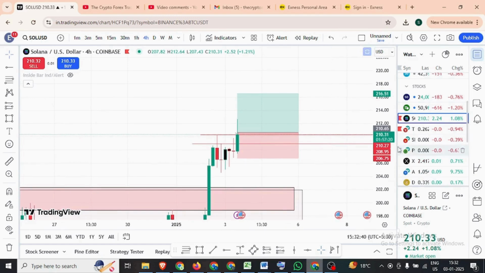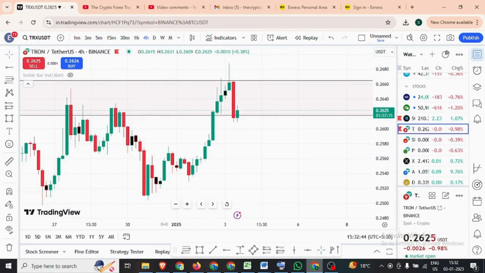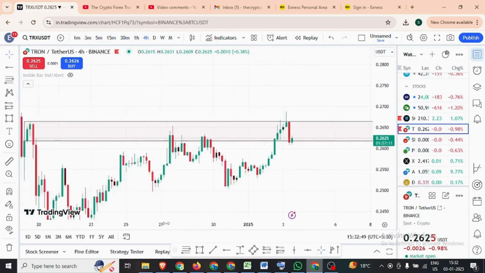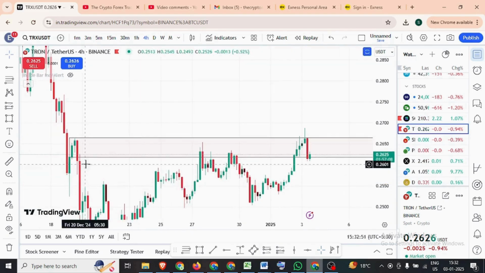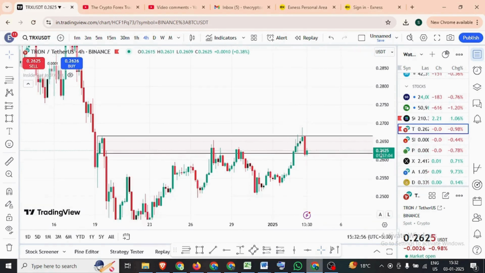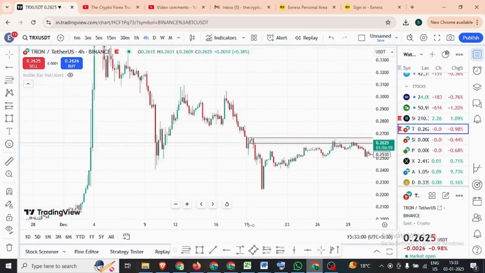Let's discuss the second cryptocurrency that I have marked for you, which can give you a very good swing trade. Here are entry levels. As you can see, this is a market structure forming, called a swing lows formation.